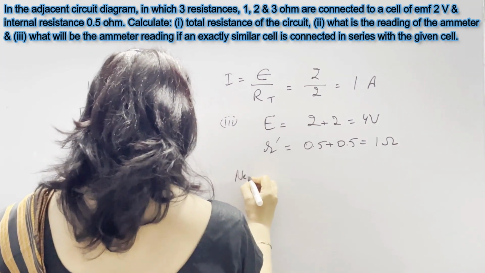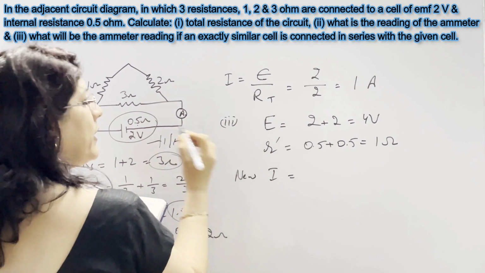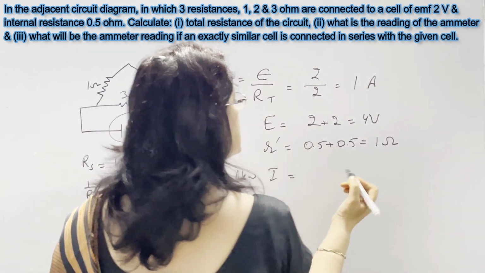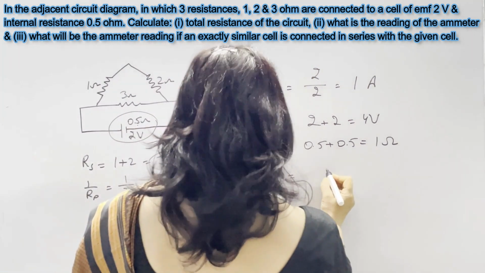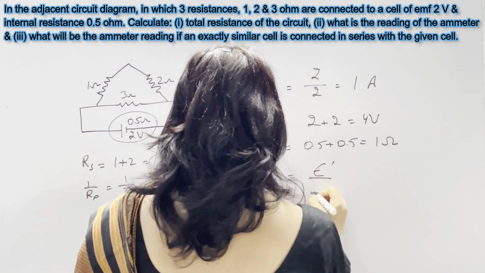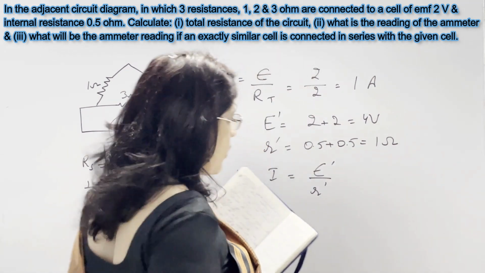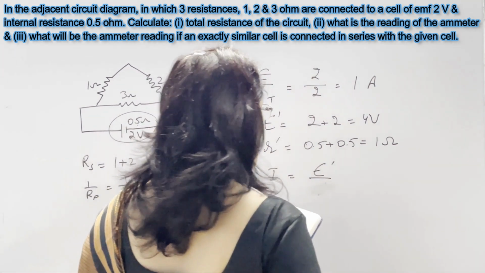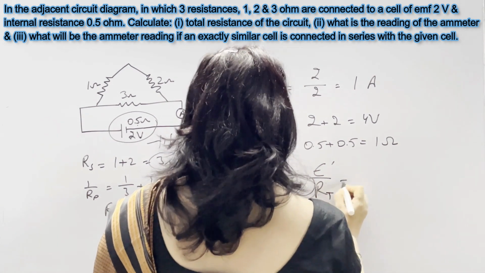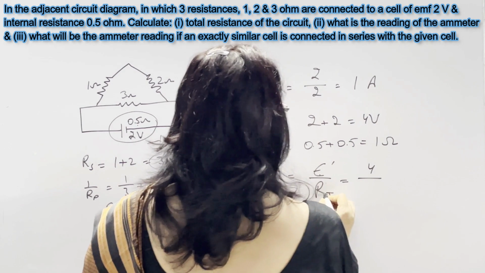So now these are our new values. So new current in the circuit, it means the reading of the ammeter now when another cell is also connected in series with the given cell. Now changed EMF and then total resistance. New EMF is 4 volt.